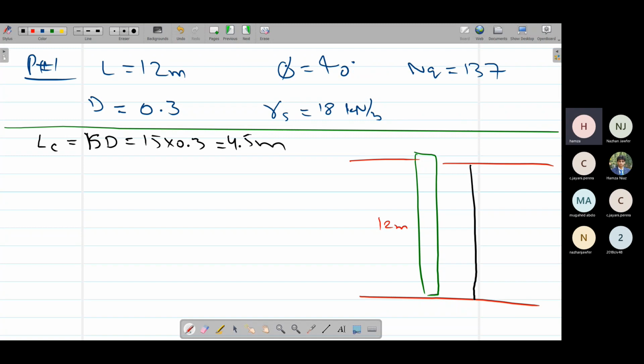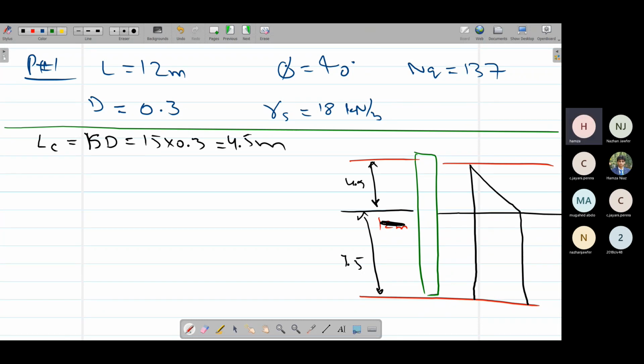What this concept says is that up to this 4.5 meter depth, the overburden pressure would increase. After this 4.5 to the tip, this is 12 minus 4.5, that is 7.5, the pressure would be constant. So this is the critical depth.